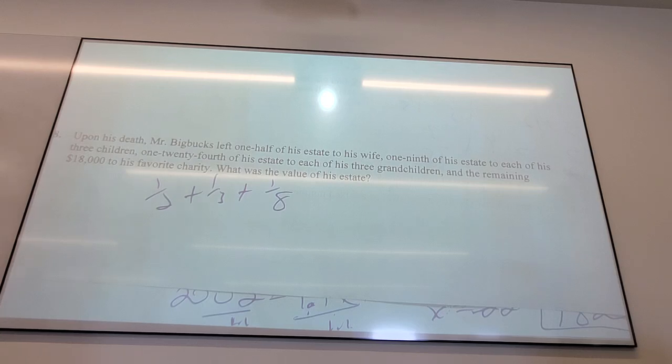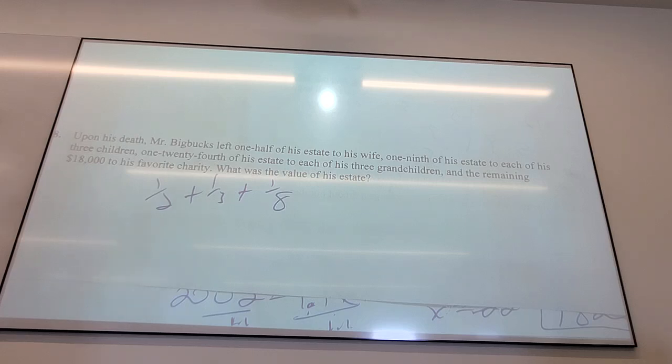The remaining $18,000 represents the fractional amount that's left after he gives all the other stuff away. So if I add up the fractional amounts that went to certain people, I'll see what fractional amount is left. And that has to equal the 18,000. Does that make sense?